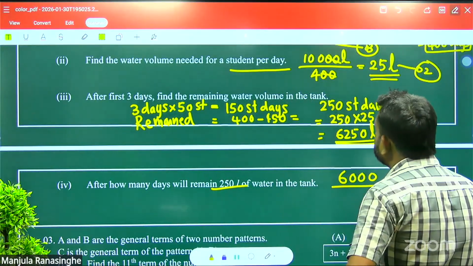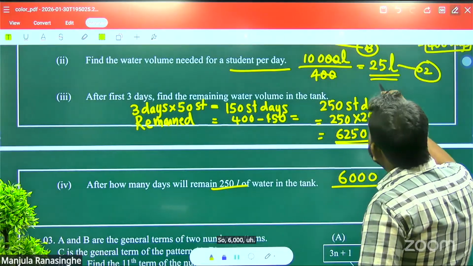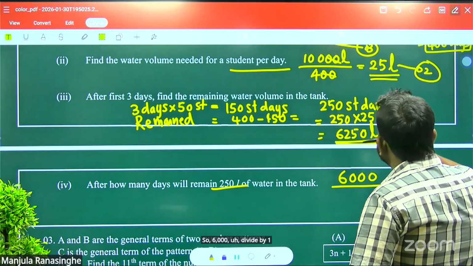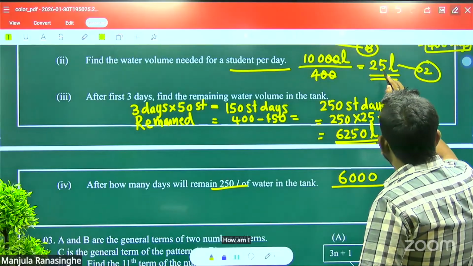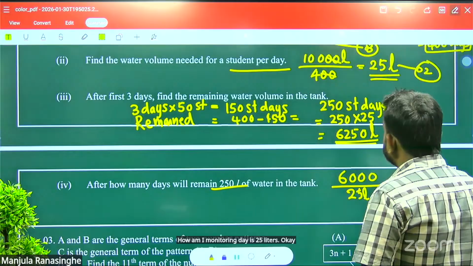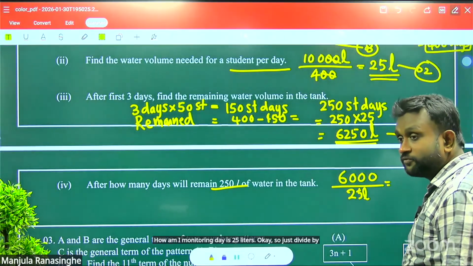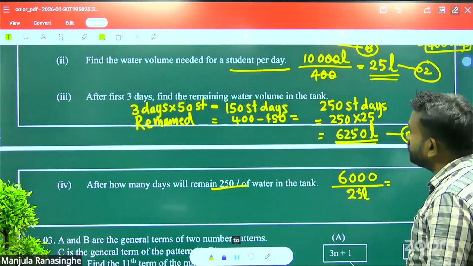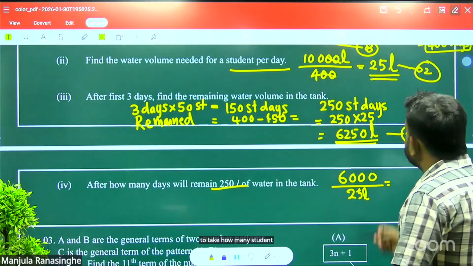So 6000 divided by one student day means how much? One student day is 25 liters. Okay, so just divide 6000 by 25 to get how many student days there are.